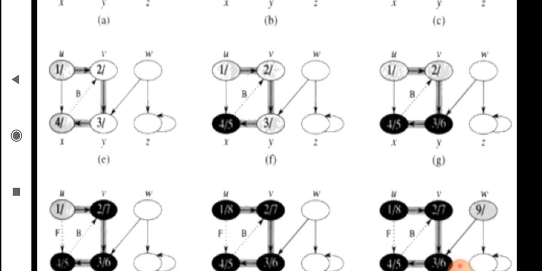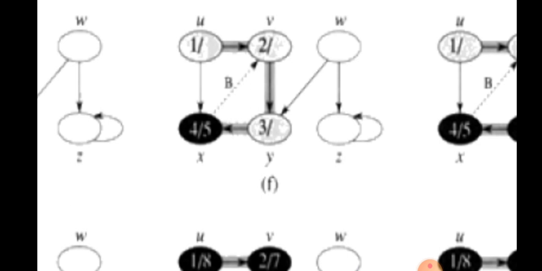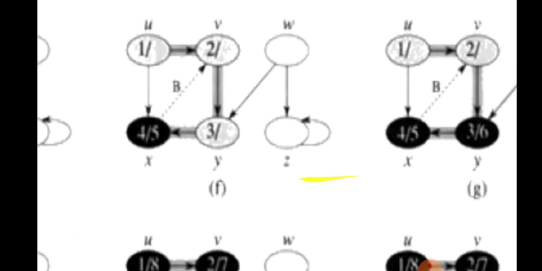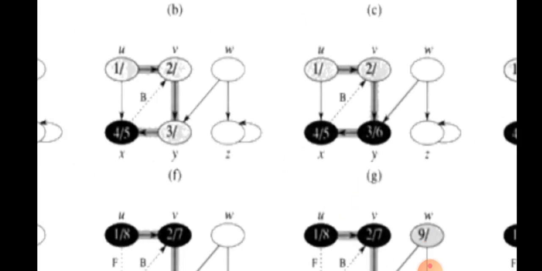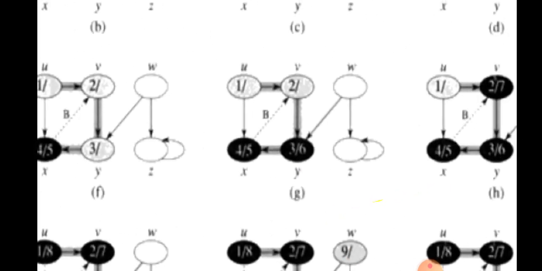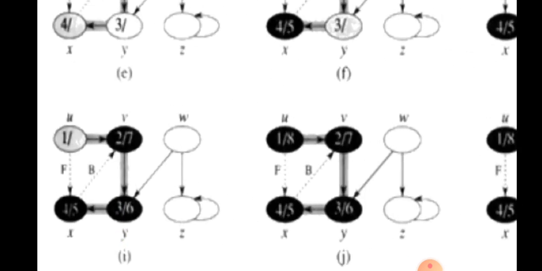And 4 to 5, here it is finished, so its color is changed to black. Then here 3, there is no adjacent node for 3. So all of 3's nodes are completed. So its timestamp will be incremented to 6 and it is finished. So its color becomes black. Then it moves backward again, until we reach the finishing time 7. Then again move backward.